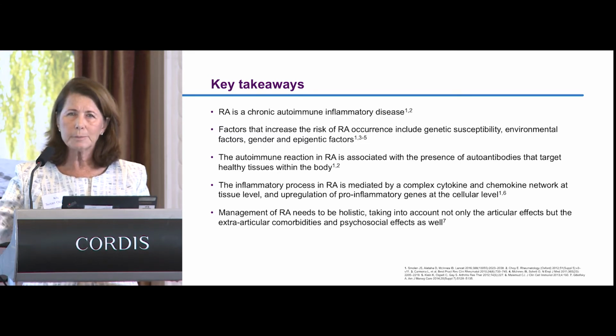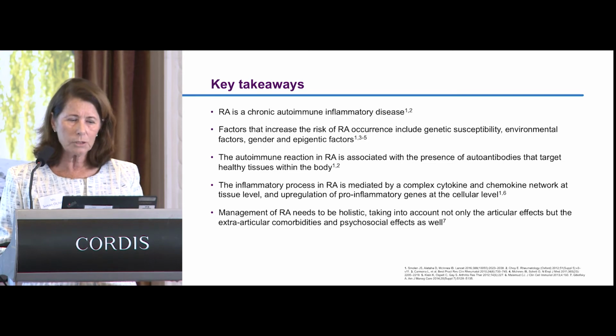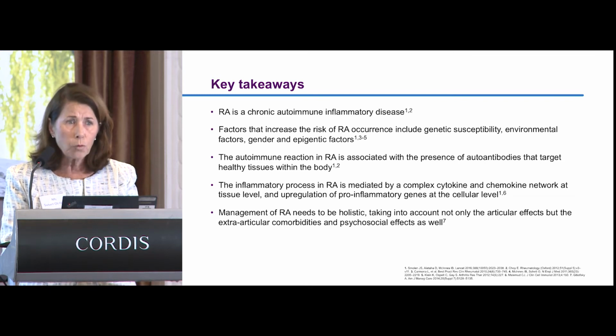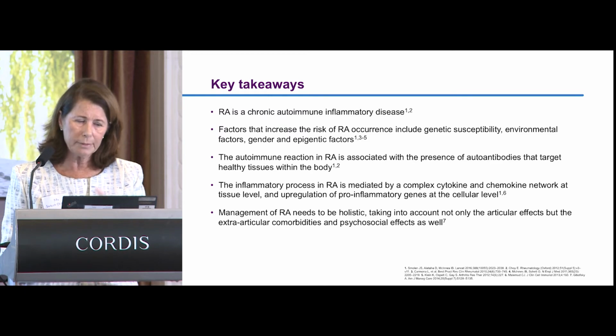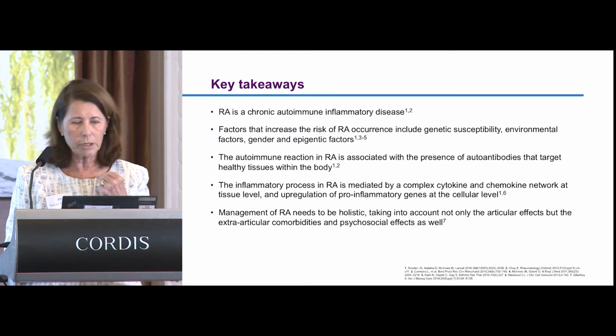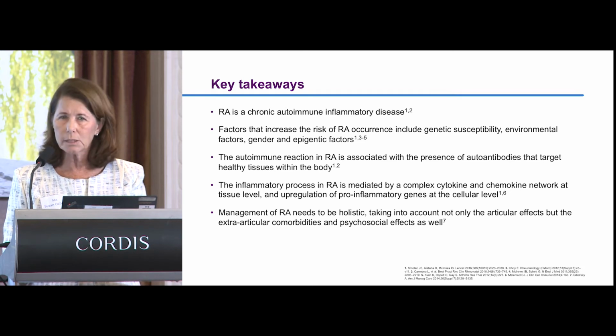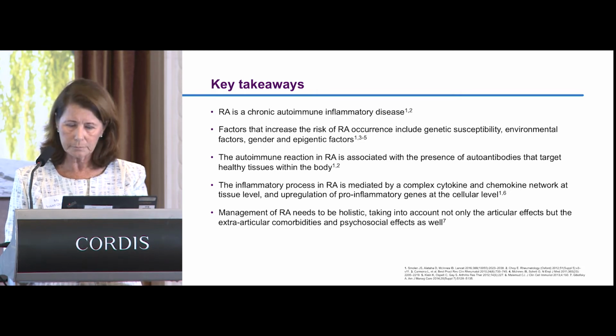I've explained briefly the complex interaction in the inflammatory process with these cytokines and chemokines, and the tissues that are damaged as a result of this upregulation of inflammation cells. And in the management of RA, we really need to ensure that we have a very good holistic approach, taking into account not only the articular effects of the disease, but the extra-articular comorbidities and psychosocial effects as well.